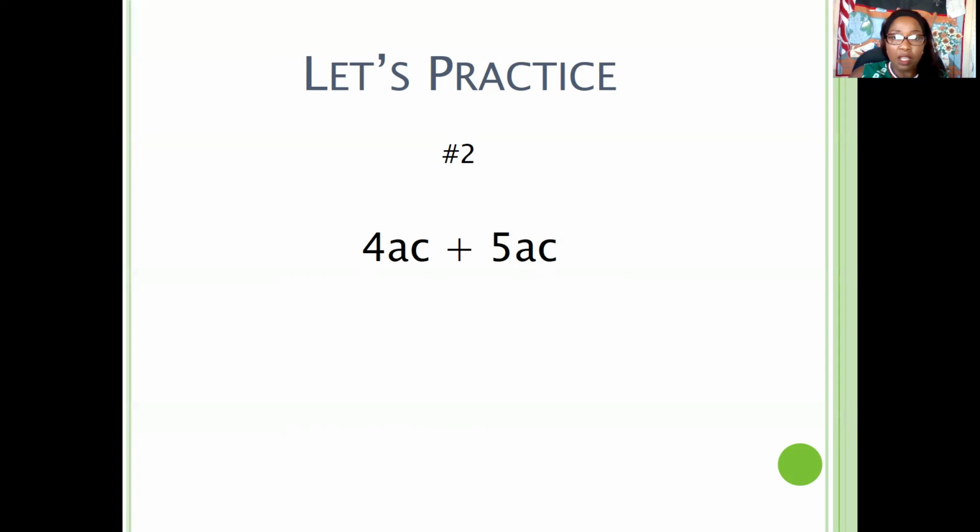If you notice, the variables are exactly the same. 4ac plus 5ac is equal to 9ac. Piece of cake.